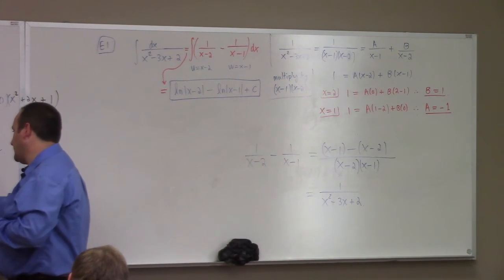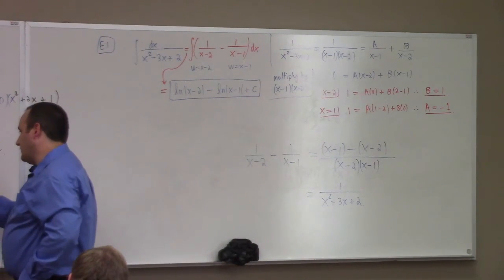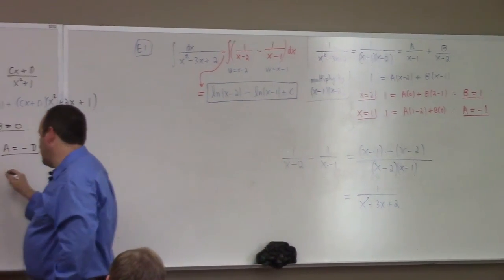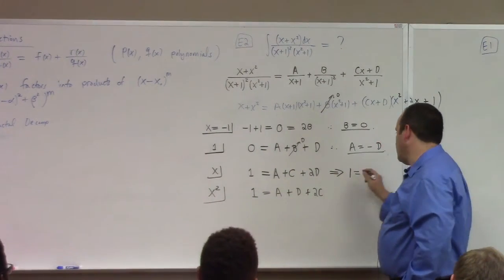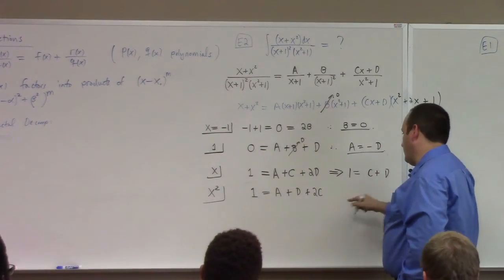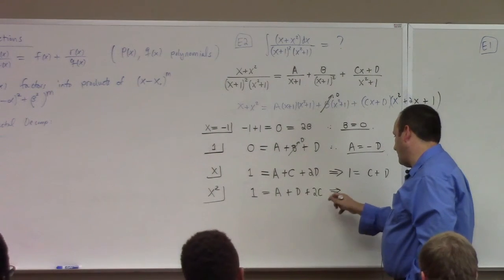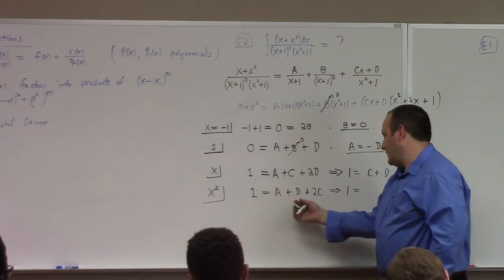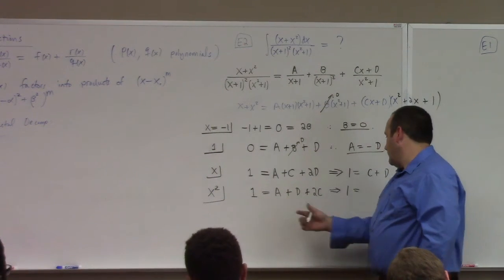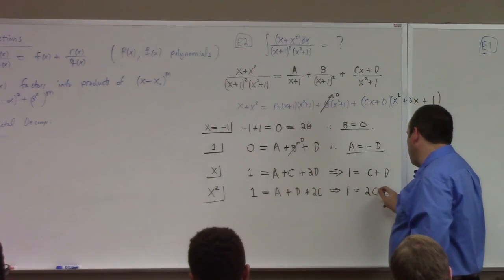Let's see here. This says what? A is minus d. So what's this give me? 1 equals c plus d. This gives me what? 1 equal to a plus d was 0, right? So 1 is equal to 2c. Hooray!